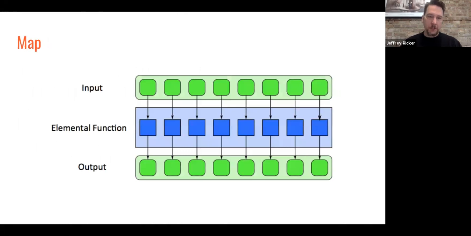Another form of partitioning is mapping. When we first start programming, we do a for next loop, right? We go for I equal 1 to 10, and then you step through it. When I is 1, when I is 2, when I is 3, when I is 4.